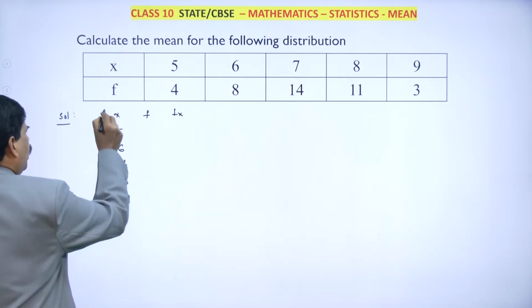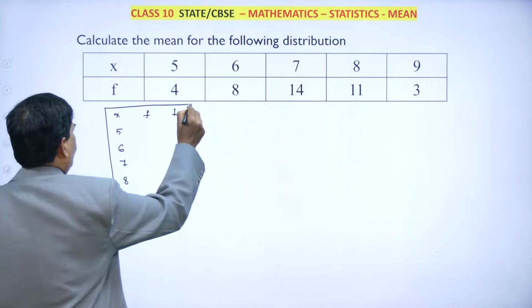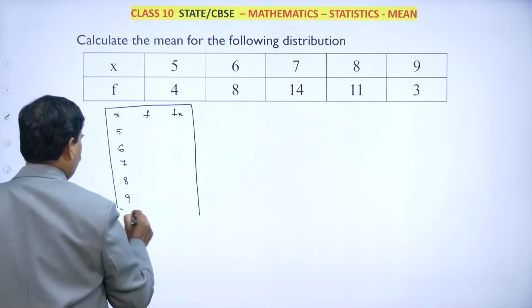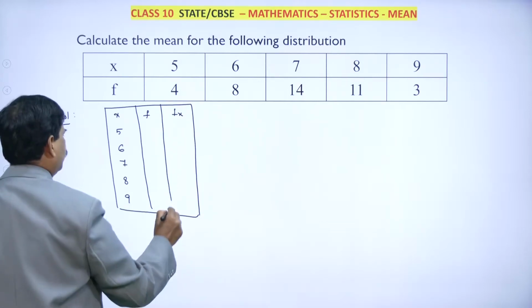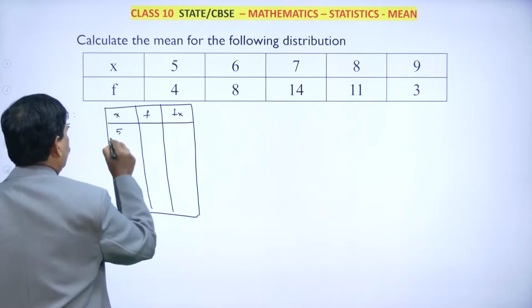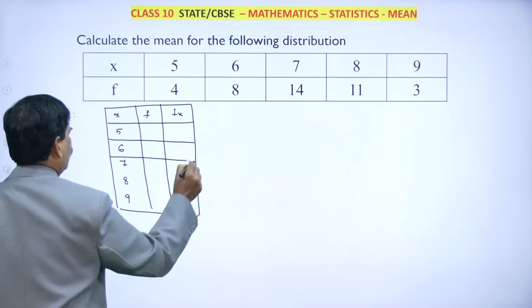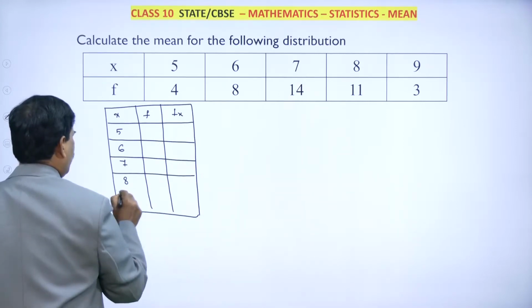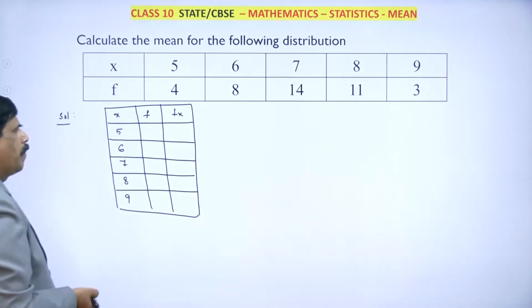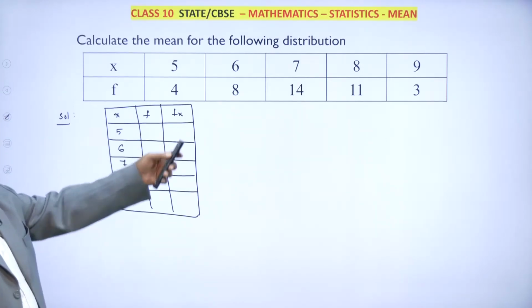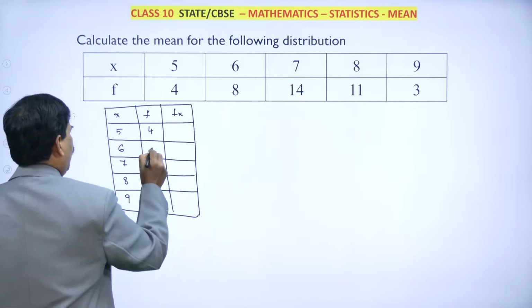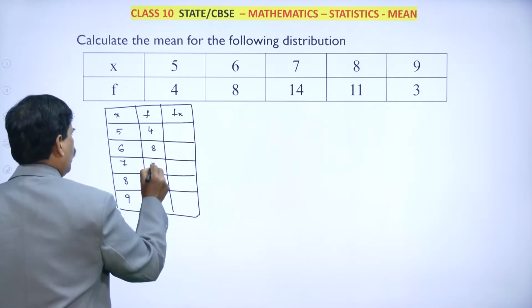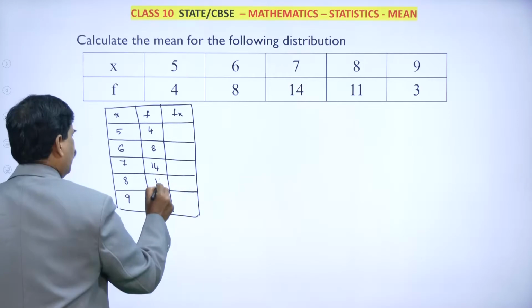These are the values we have. Better you make one table like this, just to avoid confusion. Now the frequencies are already given. So 4, 8, 14, 11, 3.